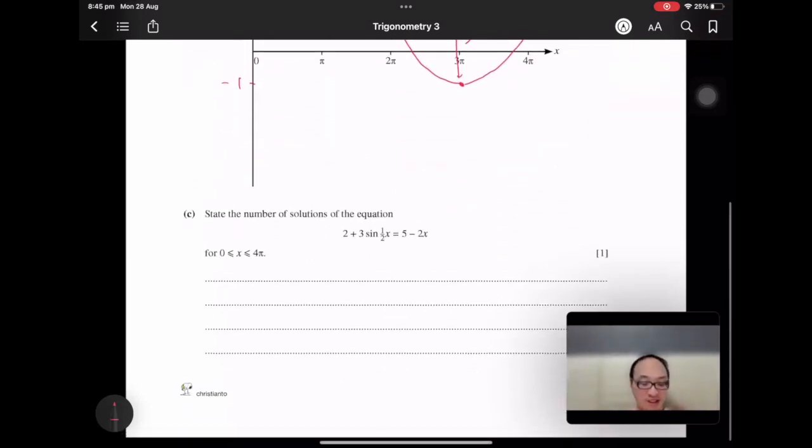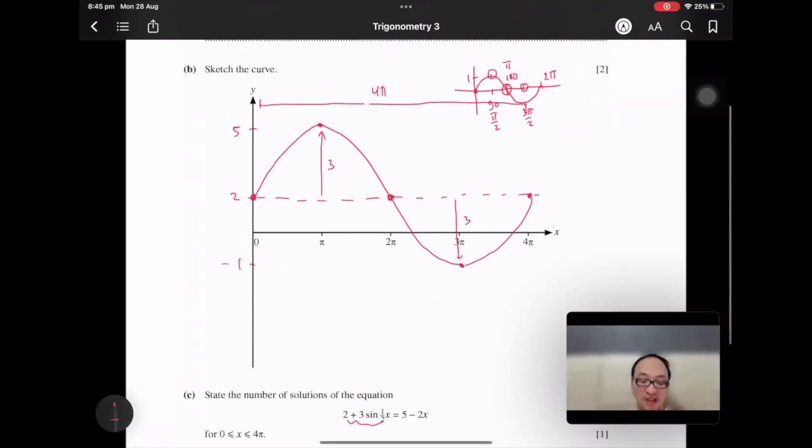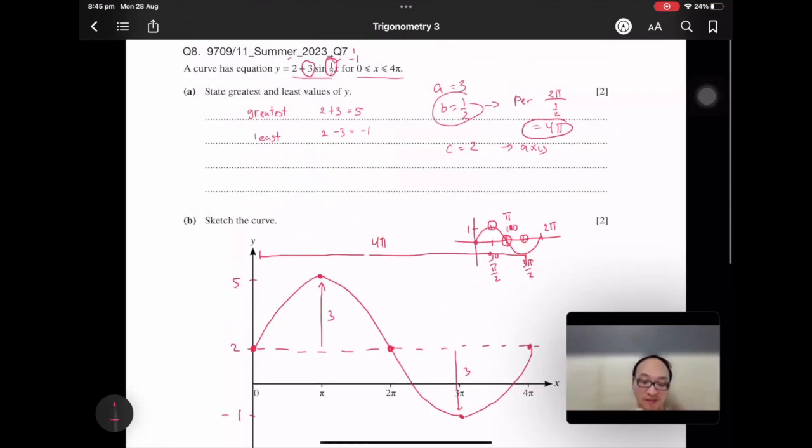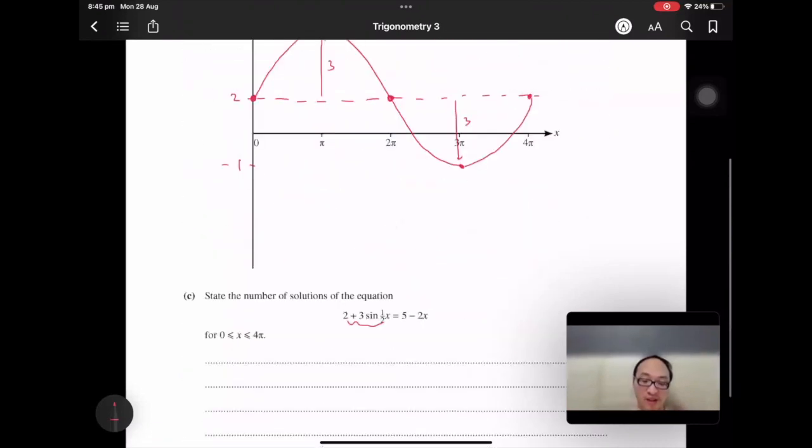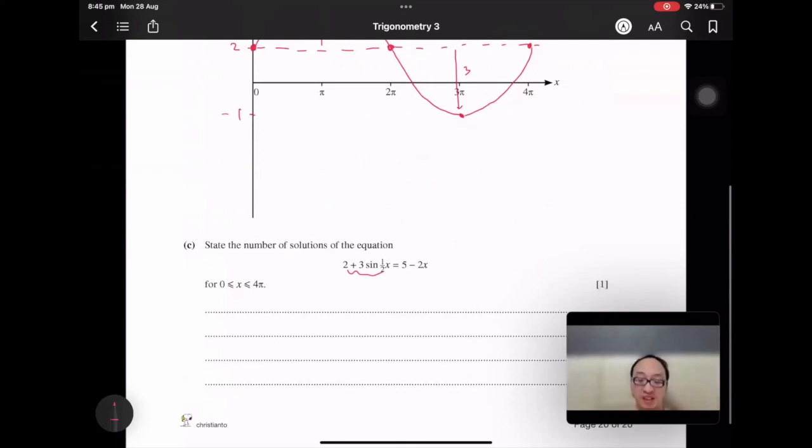Next, C: state the number of solutions of the equation 2 plus 3 sine half x equals 5 minus 2x. The left side is this function, so we have to find the intersection between the graph of sine and the line y equals 5 minus 2x.